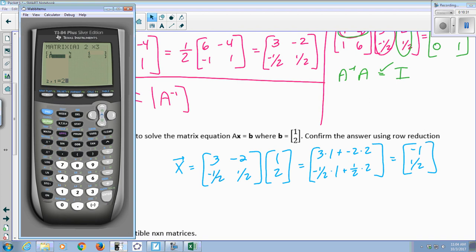Oops, it's supposed to be a 1. Okay, and then matrix, math, REF. So I get -1 and 1/2 as my result, the same thing I got using A inverse. Yep. Is the inverse? Yes.